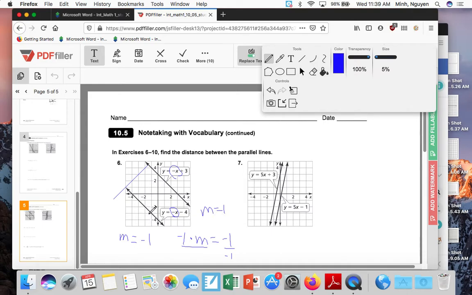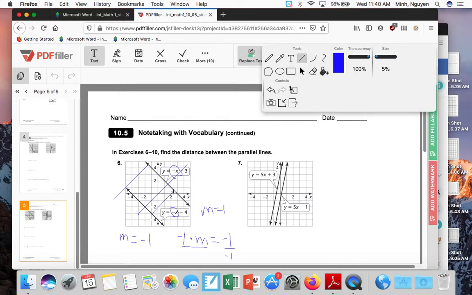What does that mean? It means to start from here, or literally anywhere, and continue going up 1 over 1, up 1 over 1, up 1 over 1, and it will look like this. Or I can start from here, up 1 over 1, up 1 over 1.